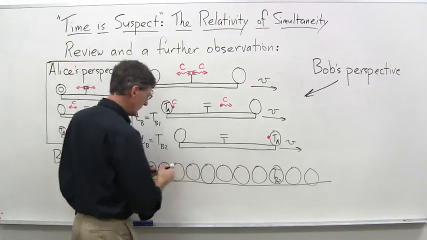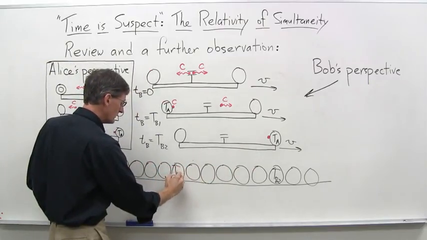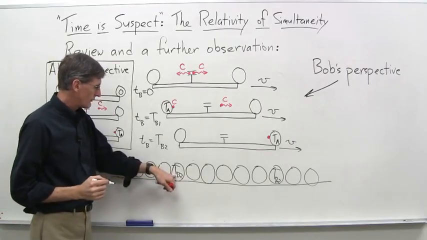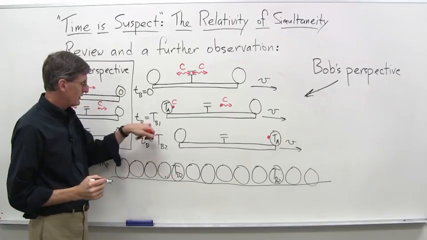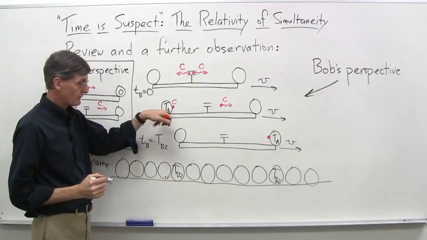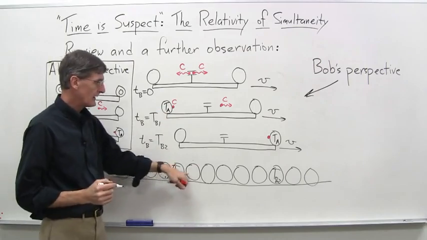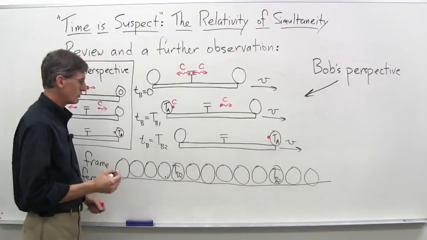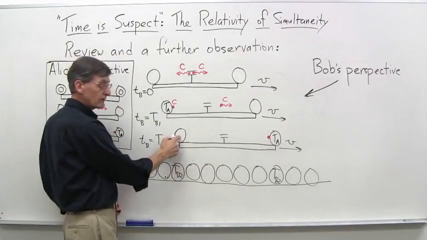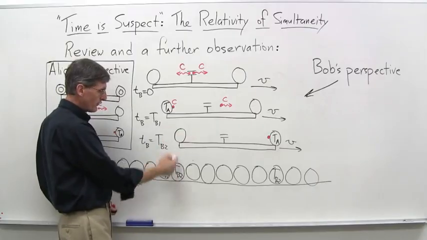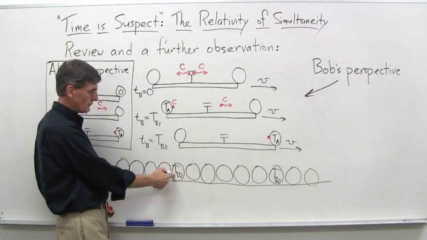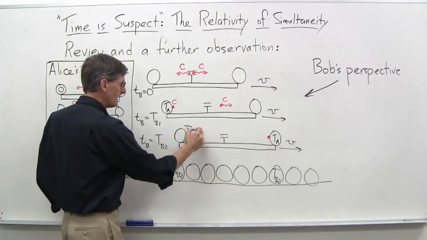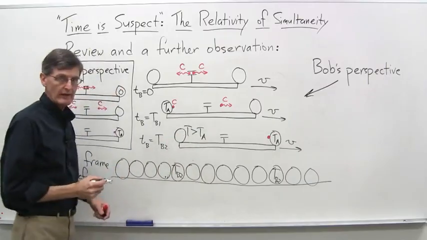All his clocks would read T_B2, in particular this one as well, because they're all synchronized, of course, from his perspective. And what does this mean? Well, he read T_B1 for this flash over here, T_B2 at a later time for the light pulse hitting the clock and triggering it there. That means this clock right here, if he took a photo and said, okay, I'm at T_B2 here, what's this one? We know it's got to be a time greater than T_A.